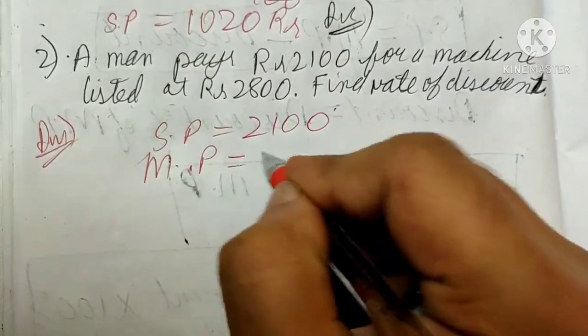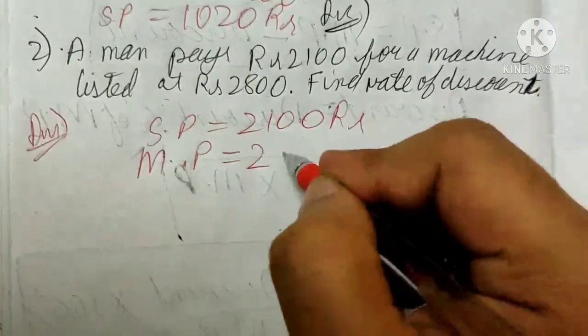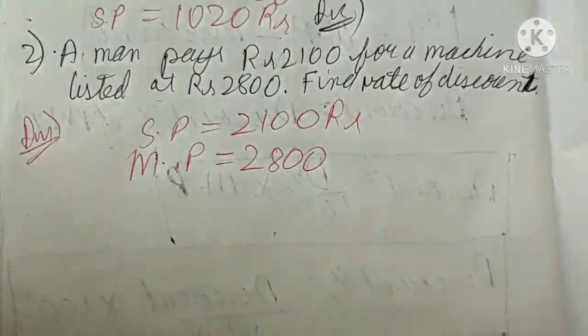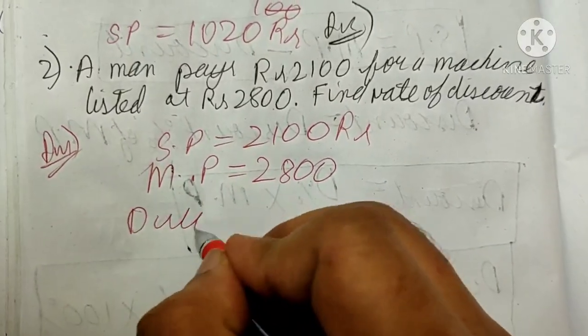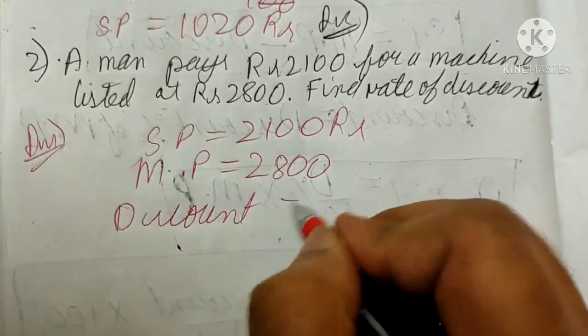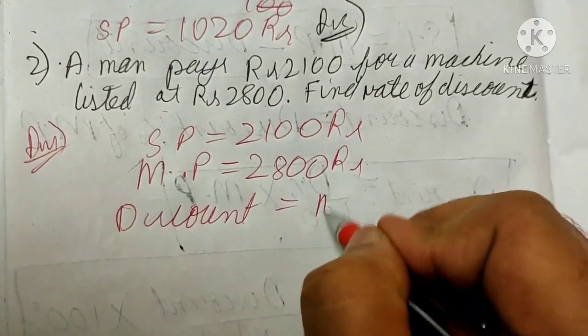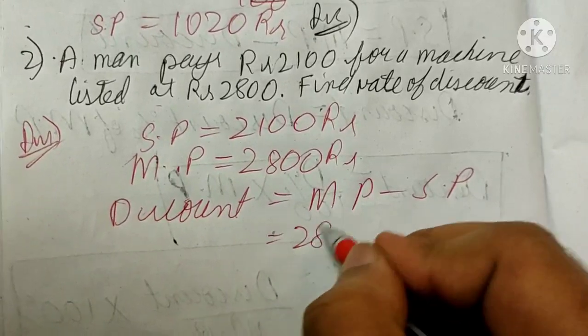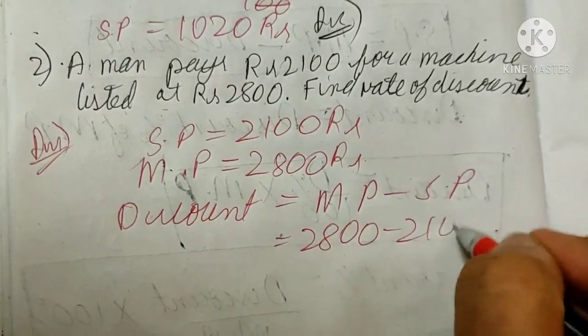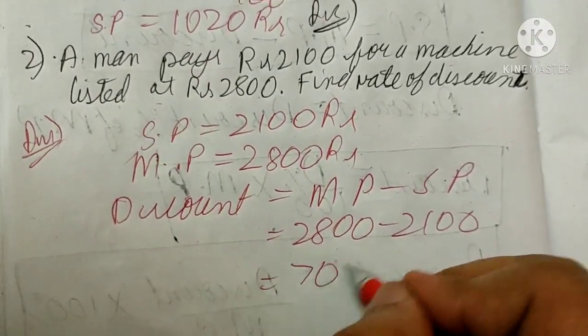Listed price means marked price. Find the discount percent. So discount is equal to MP minus SP. MP here is this, SP here is this, so discount is 700 rupees.